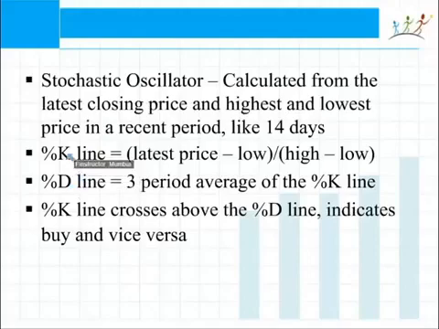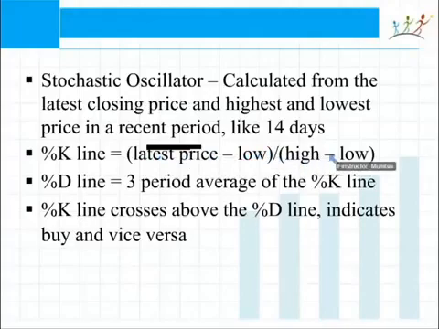First is called the percentage K line. So percentage K line is the current price or the latest price minus the historical low upon high minus low. So every day I will compute this. Every day I compute the latest price minus the low upon the high minus low.